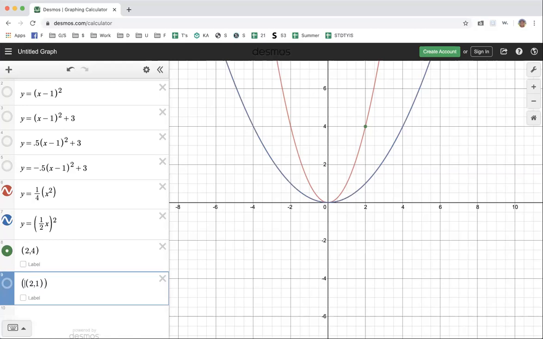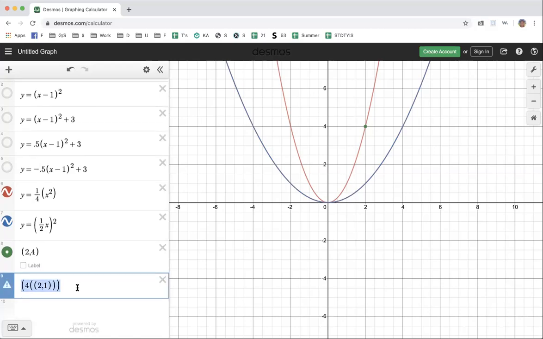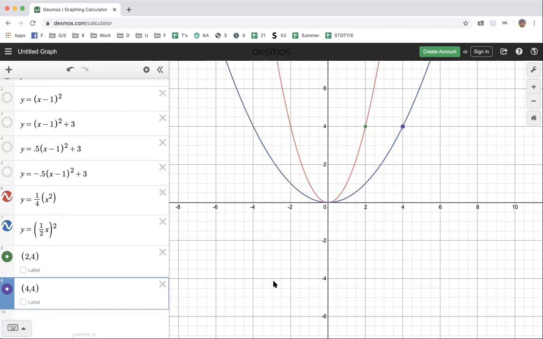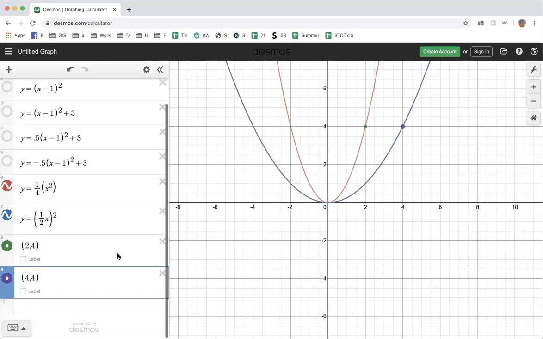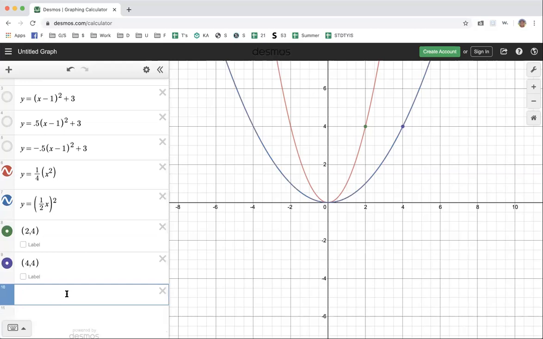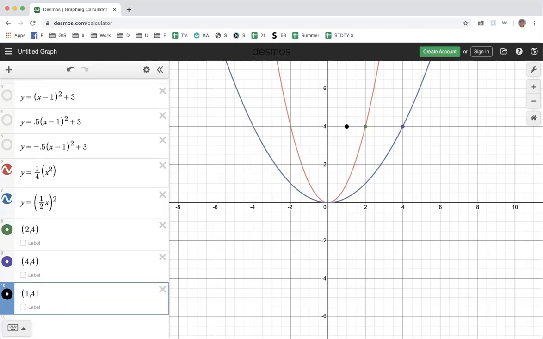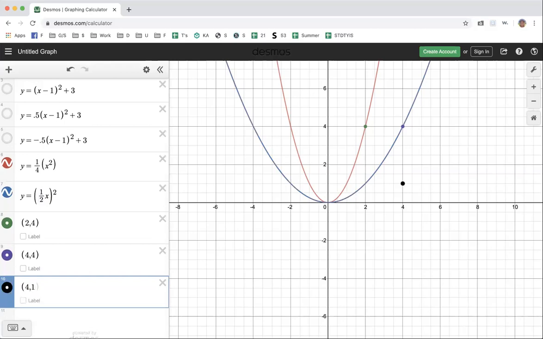So we're looking at how the graph changes in a different way. This one, we're saying it shrinks downwards from that point to that point. This one, we're saying it widens from that point to that point.